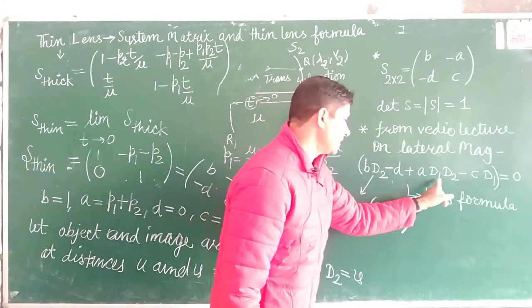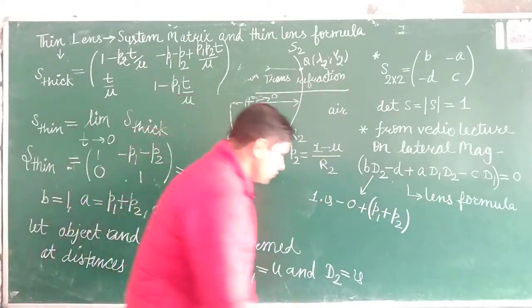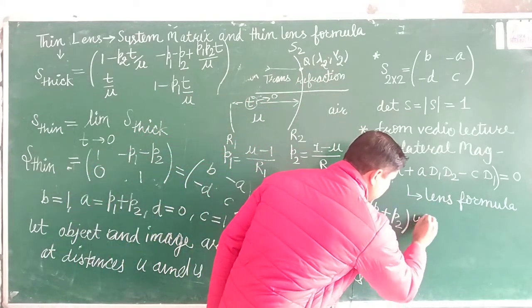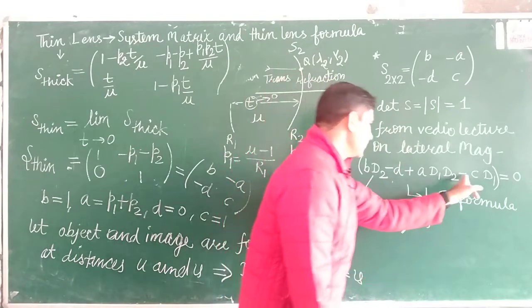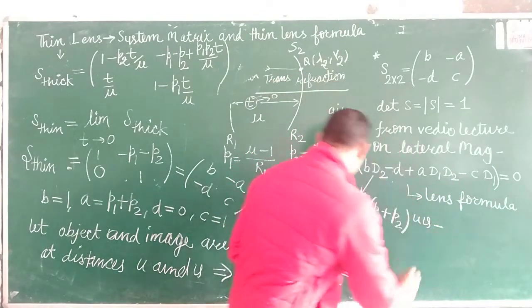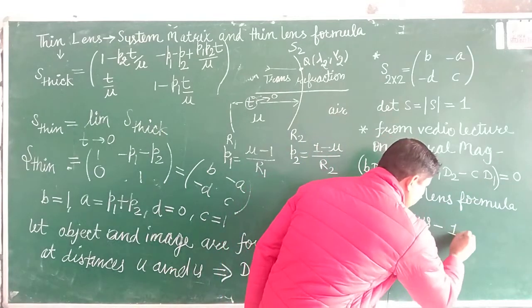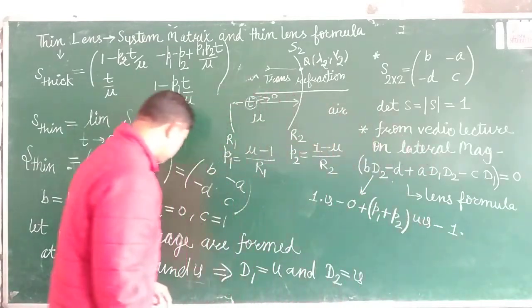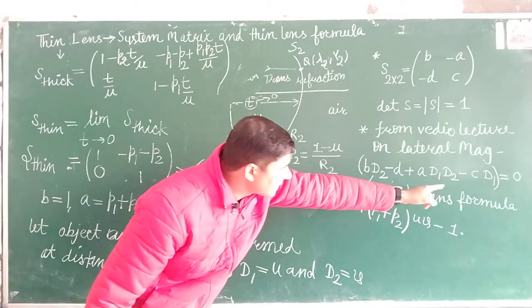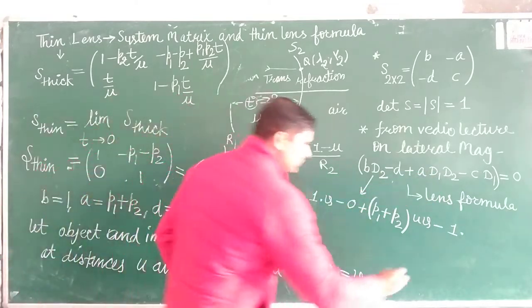Then you have D1, D2, and D1, D2 are u and v. So let me write it u into v, and then you have minus C, and you see C is 1 here. So this is 1 into D2 into D1, and D1 is u.